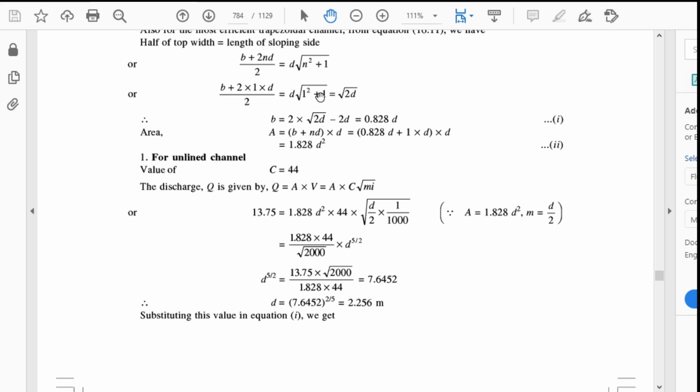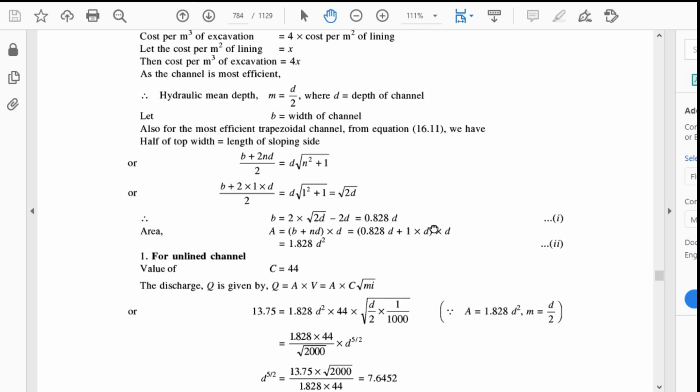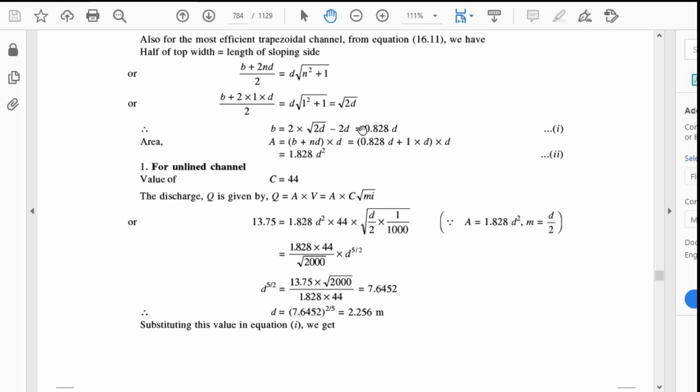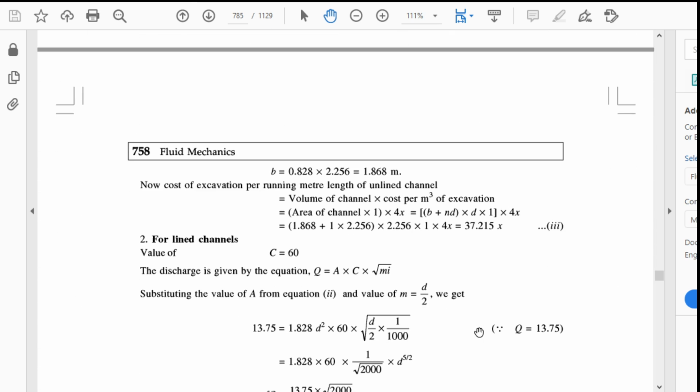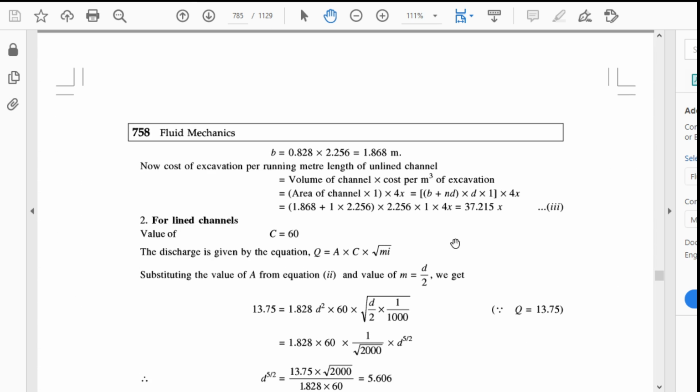For finding the value of b, you can substitute this d in b equals 0.828 d. We will get the bed width also, which is equal to 1.868.